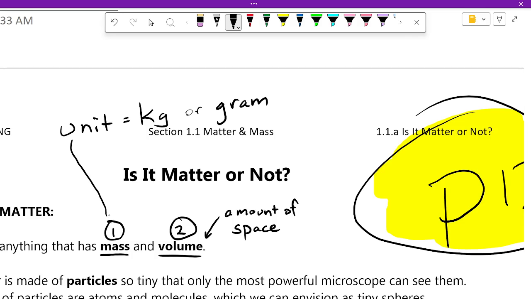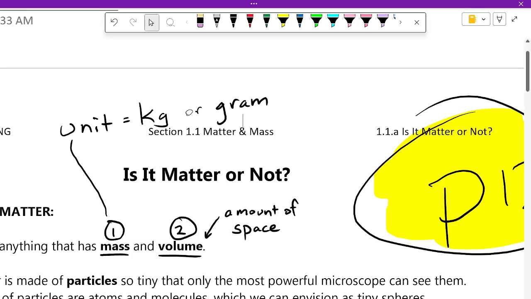Do you guys know the unit for volume, the amount of space something takes up? Liters, yes. If you go to the store and you buy some milk, you want to know how much volume of milk you have, you buy a 4-liter jug or a 2-liter carton or a 1-liter carton.